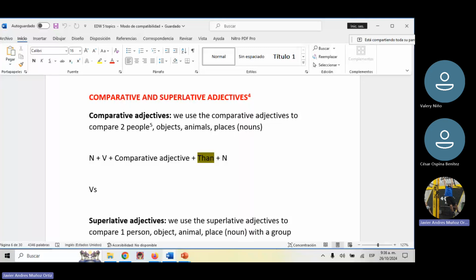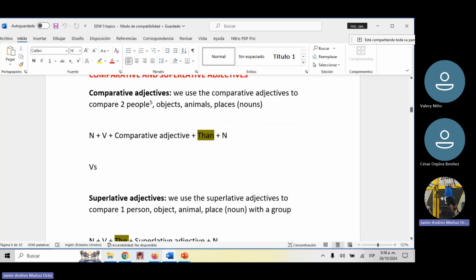But if we compare the president of Brazil with all the presidents in Latin America, we are comparing one against many. So we are going to use superlative adjectives. Comparative adjectives compare one against one, and superlative adjectives compare one against a group.